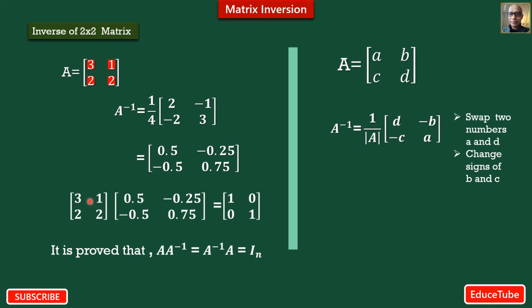According to the multiplication procedure, if I do this multiplication, the result will be this. You can check this. So A into A inverse or A inverse into A equals the identity matrix. It is proved. So our inverse is correct.